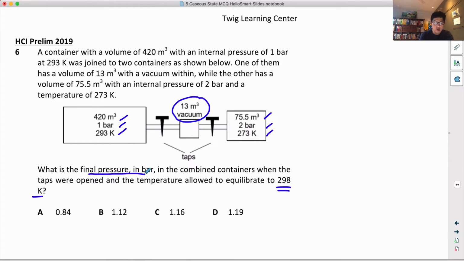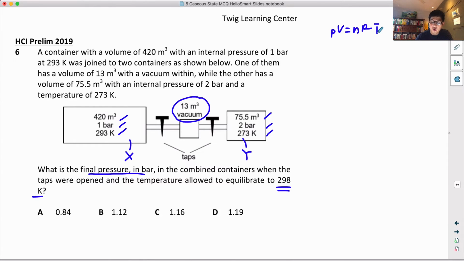I'm just going to assume there's a gas X over here and a gas Y over here, just for calculation's sake. When the taps are open and the gases can move, what doesn't change is the number of moles of gas X and gas Y. So I'm just going to use PV equals nRT.